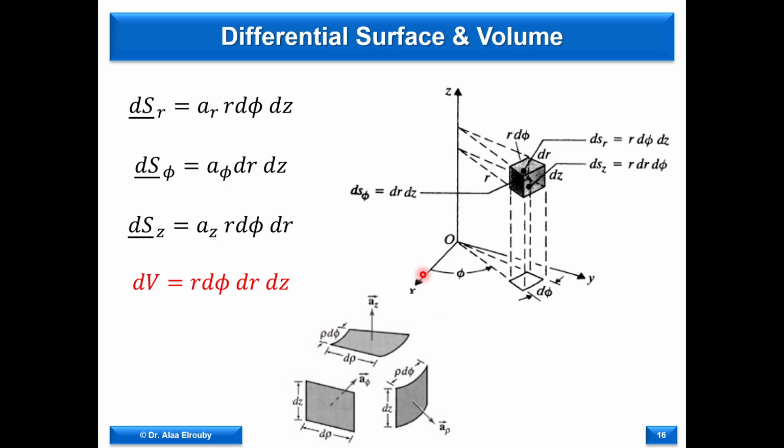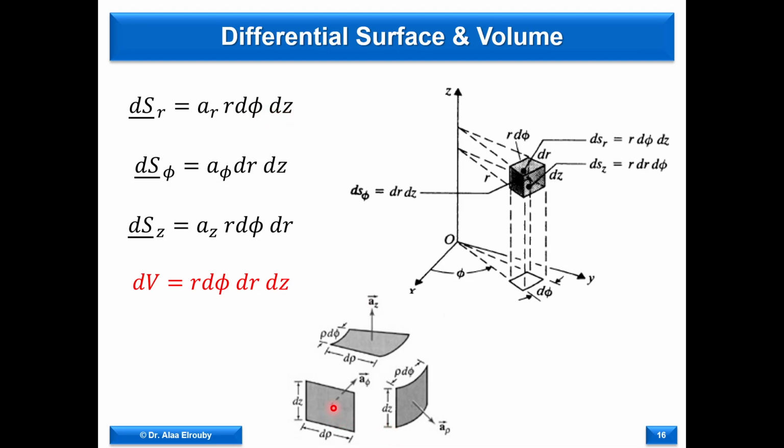If we are describing the bottom, it would go with the same magnitude but in the minus az direction. For this component here, the length is r d phi, the other length is dz, the direction is ar.